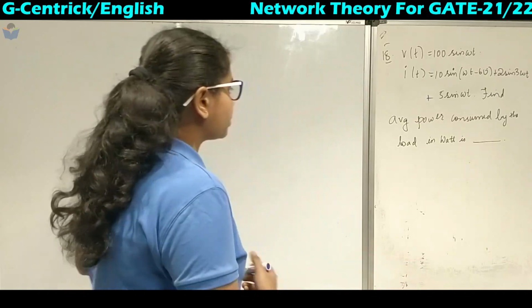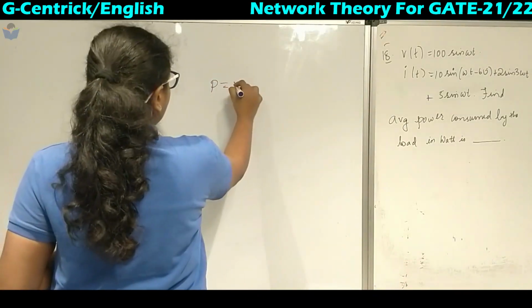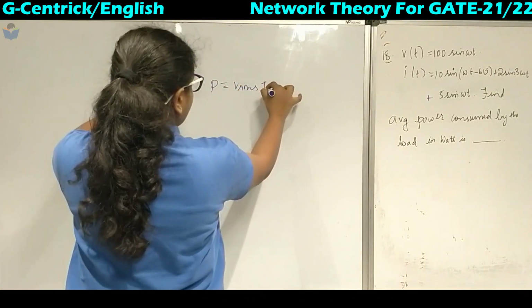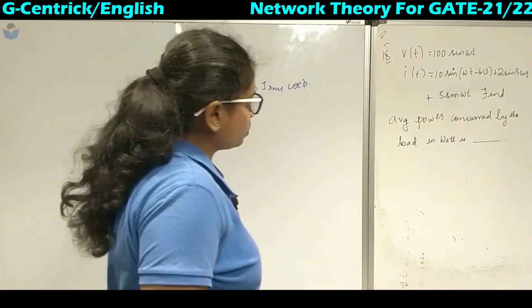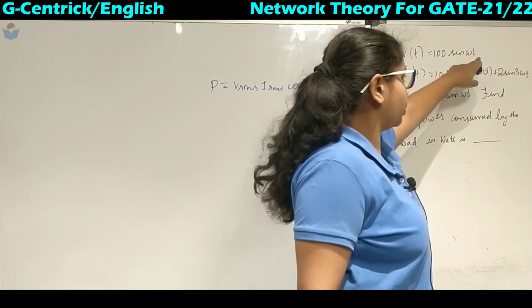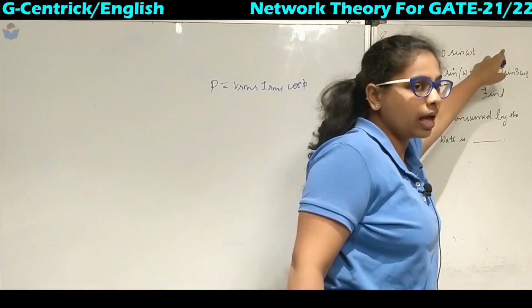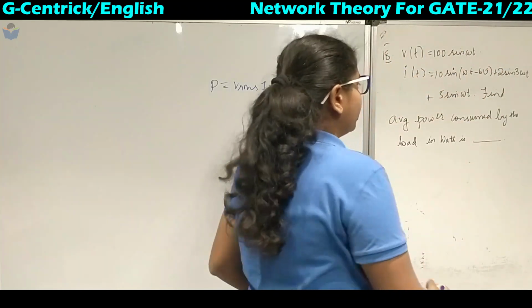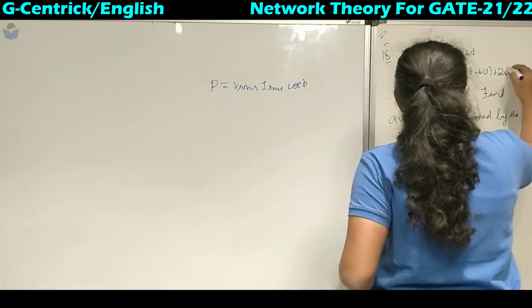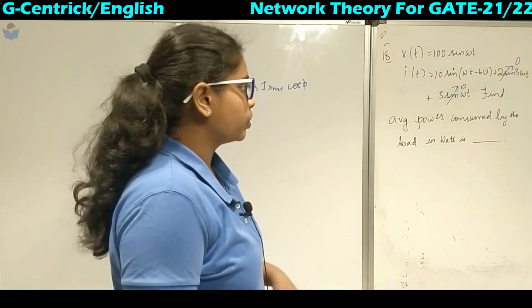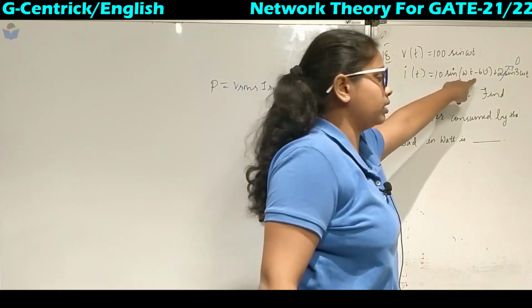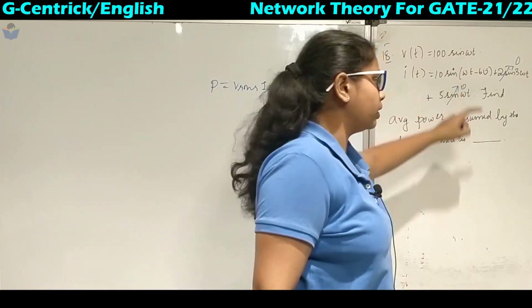So average power is nothing but P equals V RMS I RMS into cos phi. But we cannot take it directly, because two components of the voltage are absent. When they are absent, even the two components of the current will also become 0. So we are only left with this component of the current.